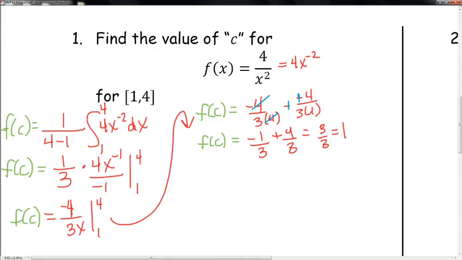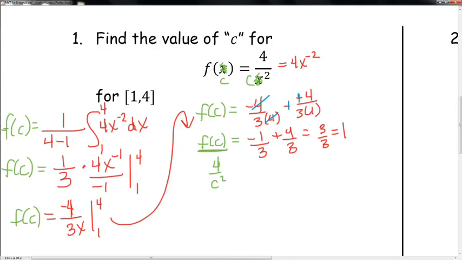Alright, so let's talk about what this f of c is. Now that we've done the antiderivative part, and it's equal to 1, what is this f of c? Well, if instead of having x, I have c here, that'll be my f of c. So instead of writing 4 over x squared, I'm going to write 4 over c squared.